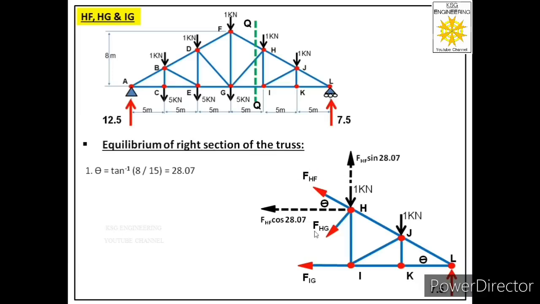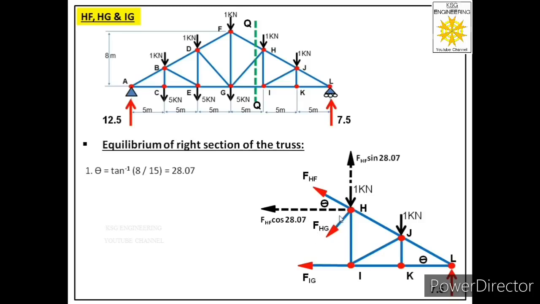Now in the next step we have to resolve this inclined force FHG into its components. So this is the origin of this force. So from this origin we will consider one component along x direction, other component along y direction.